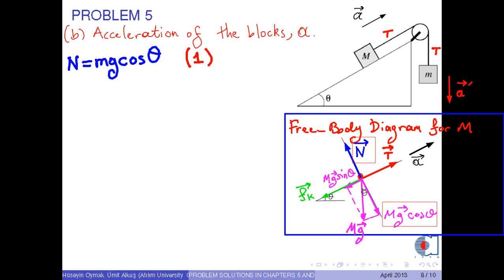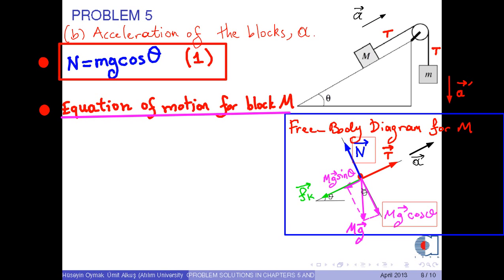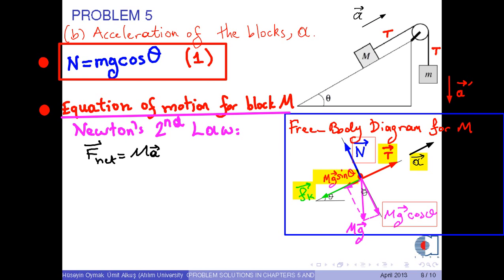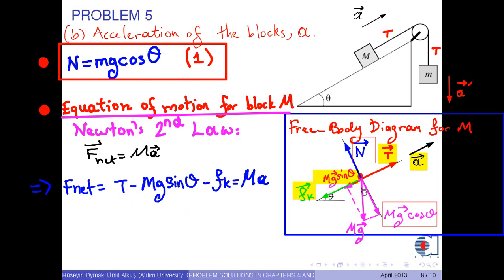The equation of motion for block capital M is found by Newton's second law, which is F net equals m times a. We have only the motion along this line. Therefore, net force is F net equals T minus capital M times g times sine theta minus fk, which is equal to capital M times a.